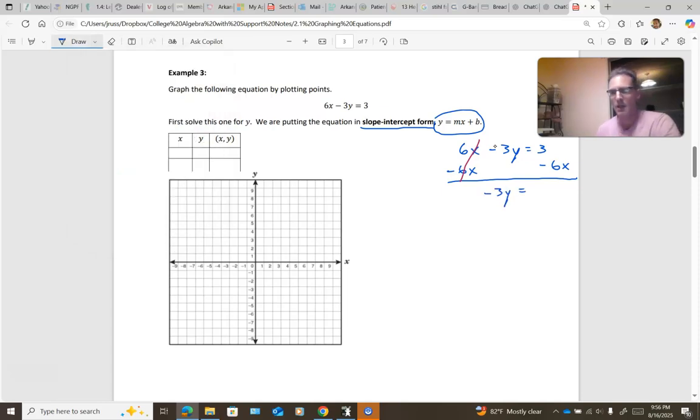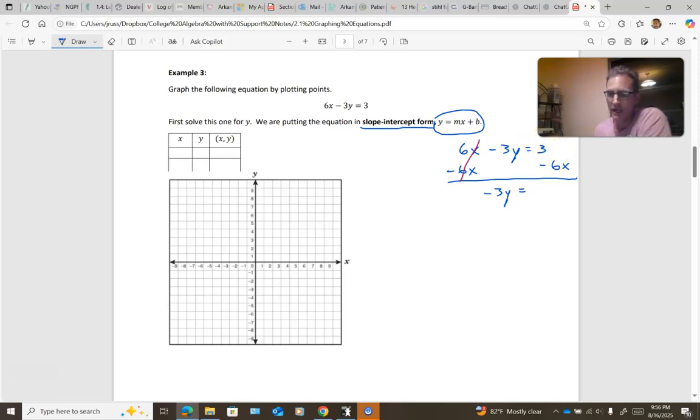-3y equals. Now, on the right-hand side, I need to try to subtract 6x, but I can't subtract 6x from 3. These are what we refer to as unlike terms. One of them has an x, and we call that a variable term, and the other one doesn't. This one's called a constant term.